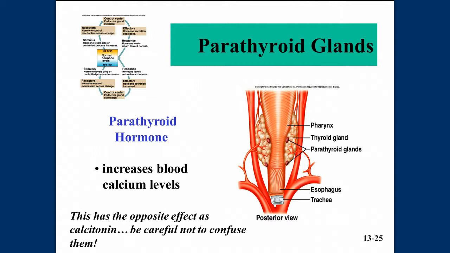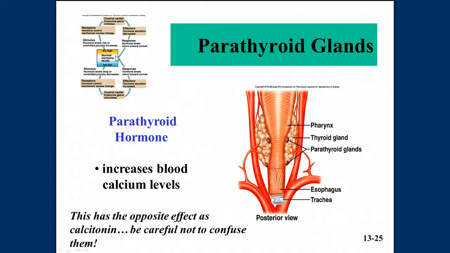And also the kidneys would absorb more calcium to be passed on to the bloodstream to be taken where the calcium is needed. So you have several things that help to maintain the calcium levels in the blood, but parathyroid hormone helps to increase. Calcitonin, produced by the thyroid, helps to decrease.